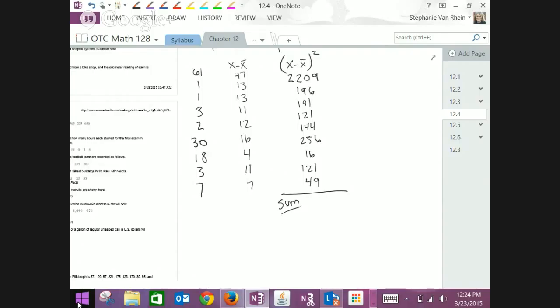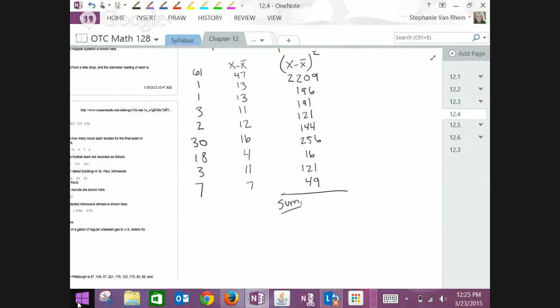You can store the mean, whatever X bar is, as A. And then you can take 61 minus A squared plus 1 minus A squared plus 1 minus A squared, all in one line, plus 3 minus A squared plus 30 minus A squared. See that?